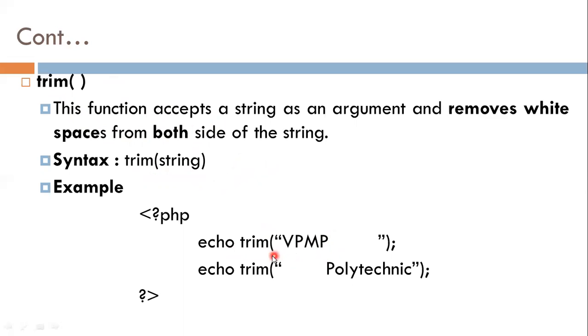So this trim function removes the white space after p. Next, in the next line, I write echo trim, space, polytechnic. Means the space is before, the left side of polytechnic. So this trim function removes all the white space, the left white space from the string, and my output is vpmp polytechnic without any space.